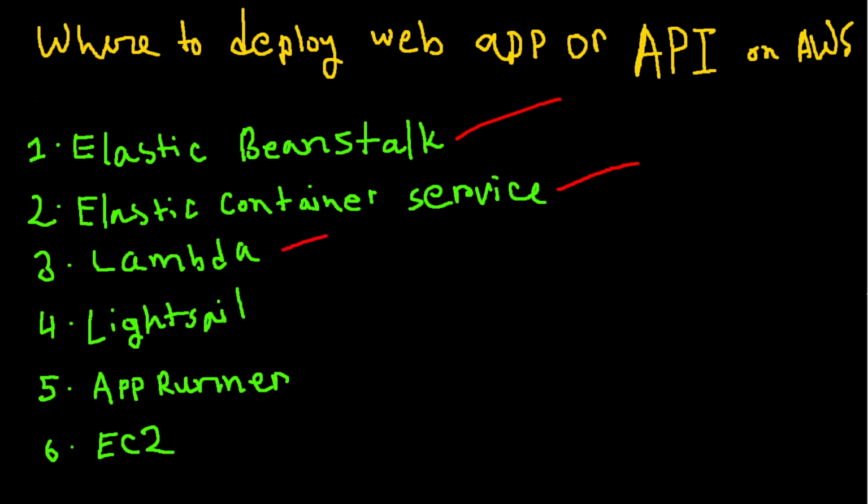Now we have Lightsail. Before I talk about Lightsail, I need to talk about virtual machines on the cloud. Now, I think most of you know what virtual machines are, and on the cloud, it's kind of like a VPS. Lightsail is basically a virtual machine system on AWS, but it doesn't actually offer you a lot of options for tiers.